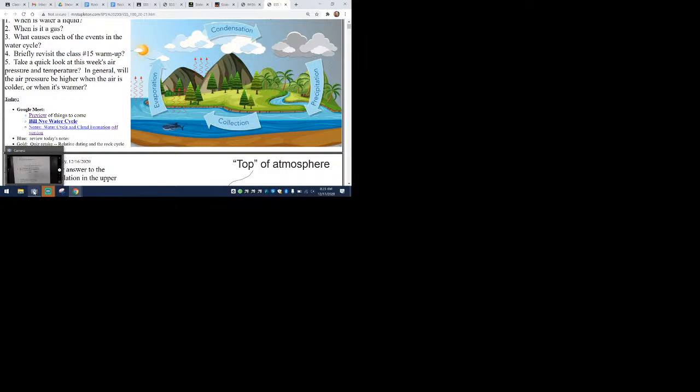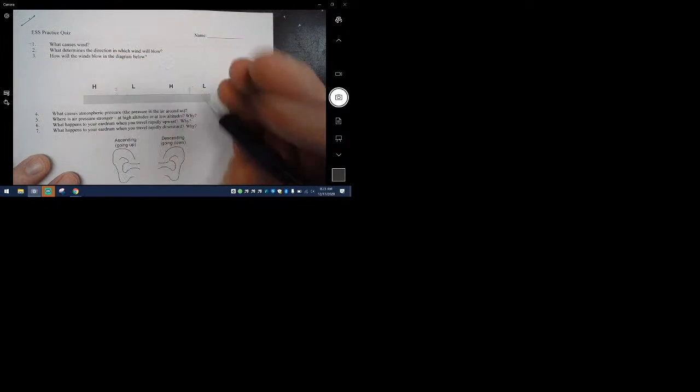I'm just going to quiz some of you over this. Ask you these questions. I'll just go around the room and see how people do. It's kind of like what I did yesterday. I'm going to get my pencil out so you can tell me how to draw this. Like I said, feel free to get your sheet out. You can answer right off your sheet. So let's see. Skylar, what causes wind?